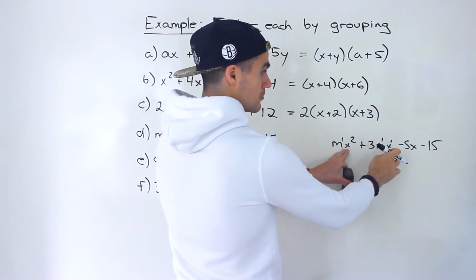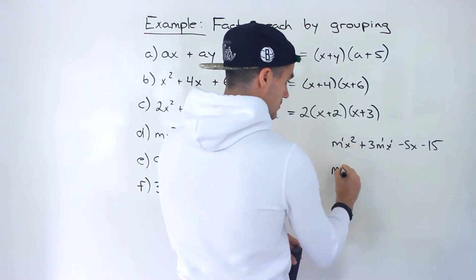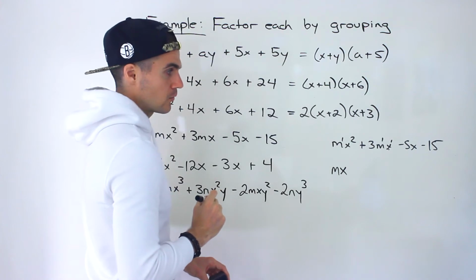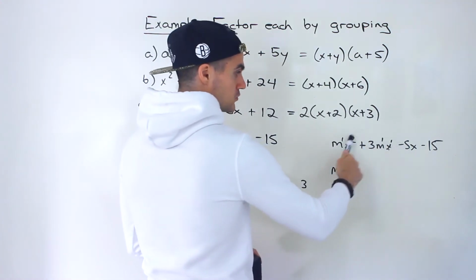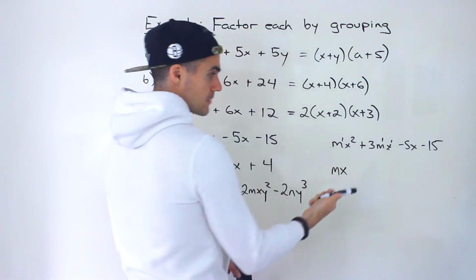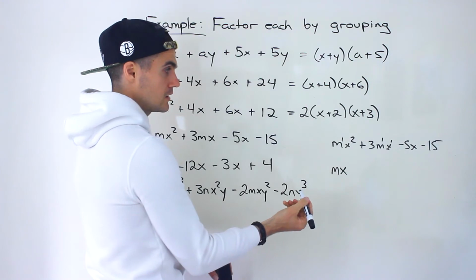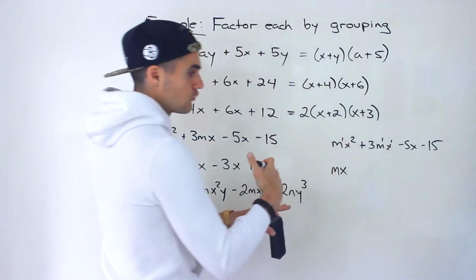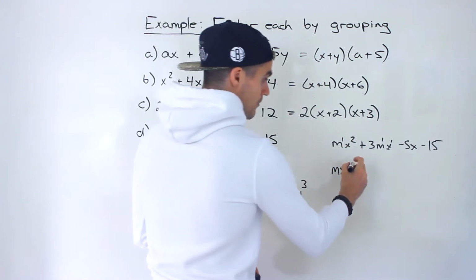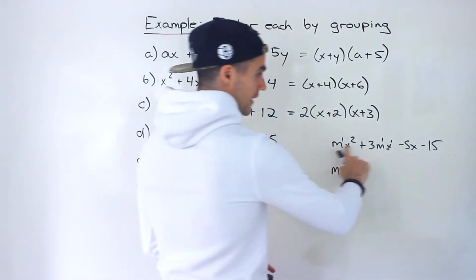So x is common in both, and we take out the lowest exponent, which is x to the power 1, right? 1 is the lowest exponent between 1 and 2. If this was 2 and this was 3, then we'd be taking out an x to the power 2. But we've got 2 and 1, so we take out the lowest exponent. And between 1 and 3, there's no factor there. So mx in this particular case is the common factor between these two.